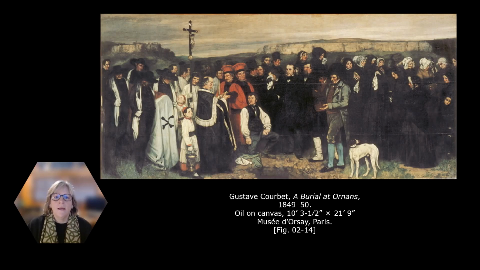A Burial at Ornans by Gustave Courbet documents an ordinary place in the artist's small hometown in eastern France. However, this painting is over 21 feet long. The large size of the canvas relates to what a more traditional historical painting would be. Historical paintings were a category reserved for the more noble events of the past.